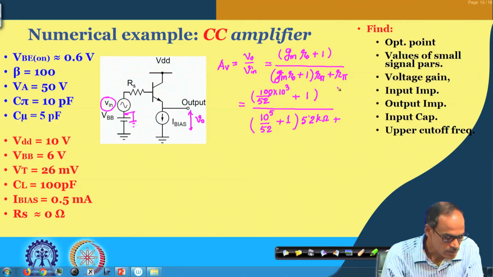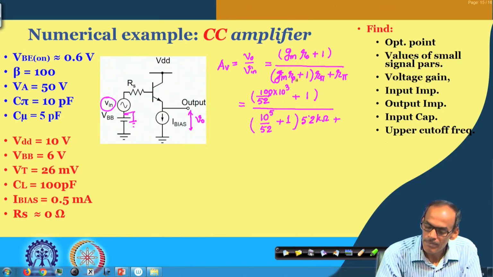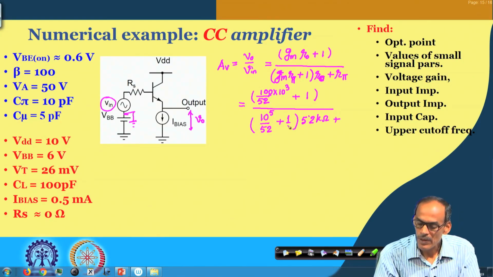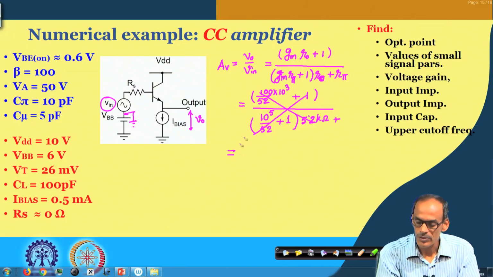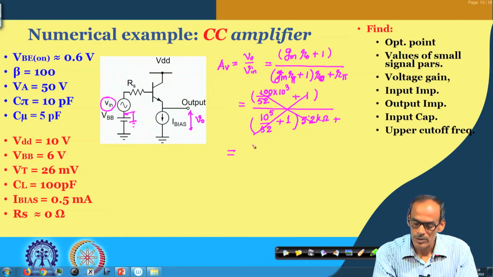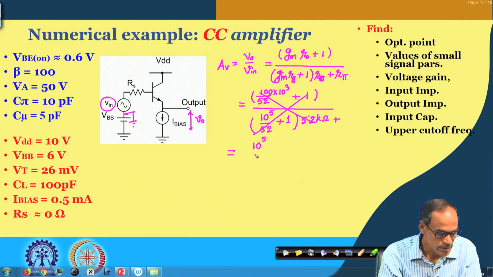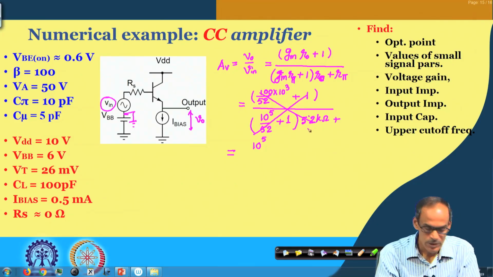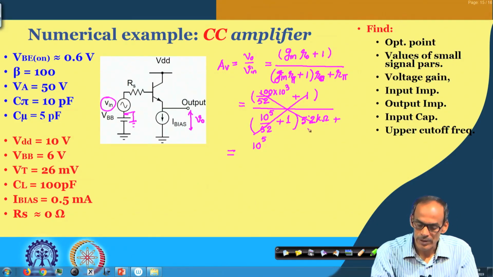I think this should be r pi and this is r naught. Anyway, let me write the values of this gm into r naught, which is 10 to the power 5 divided by 52. Let me clear it.